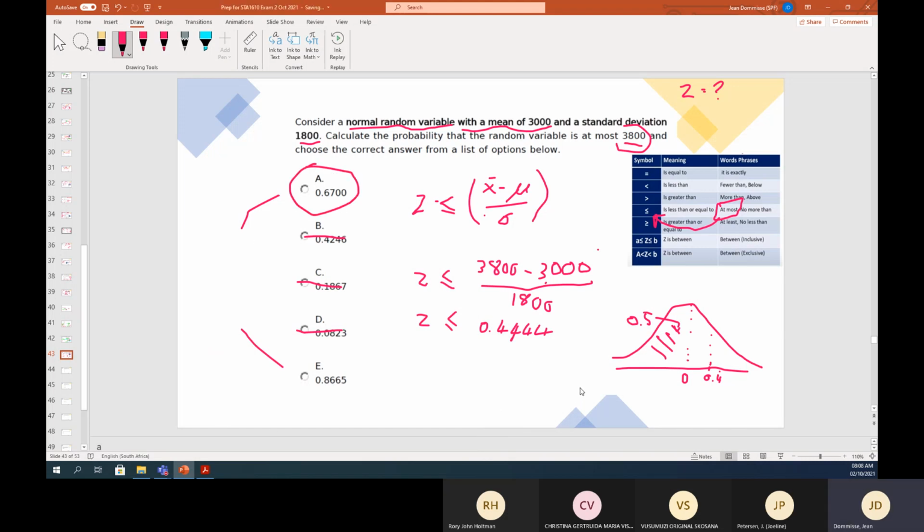Again, how I would do it in the exam is I would first draw myself this diagram, just to make it a bit simpler and to see which ones I can cancel out. Because if you don't know how to use the Z table, then at least when you guess, it is between 2 and not between 5.